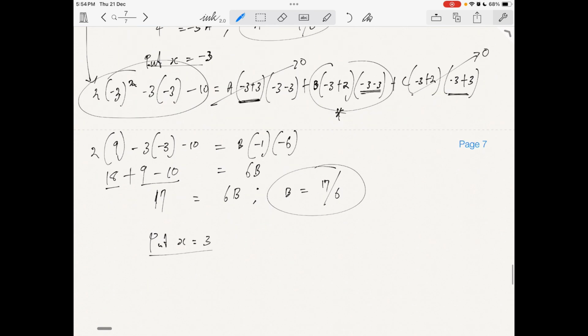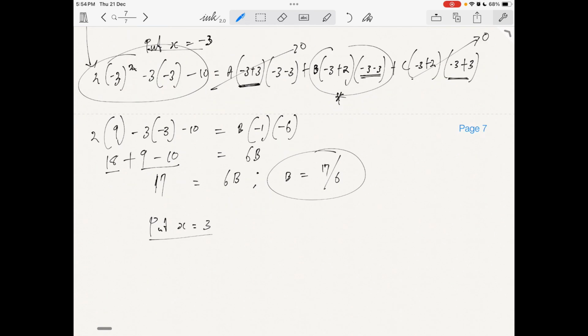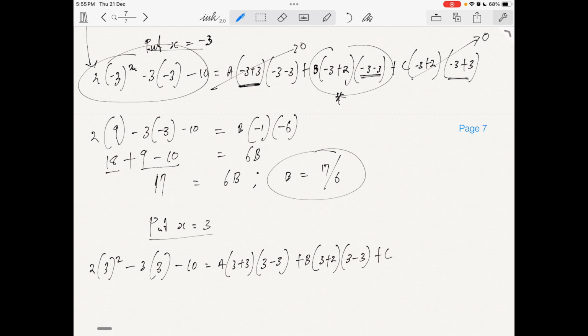That will be 2 into 3 squared minus 3 into 3 minus 10 is equal to a into 3 plus 3 into 3 minus 3, plus b into 3 plus 2 into 3 minus 3, plus c into 3 plus 2 and into 3 plus 3.